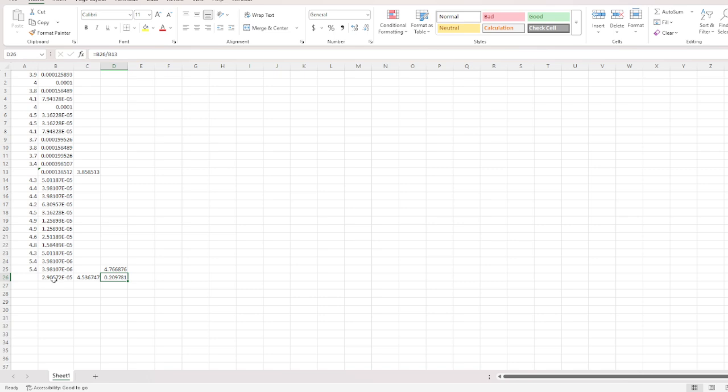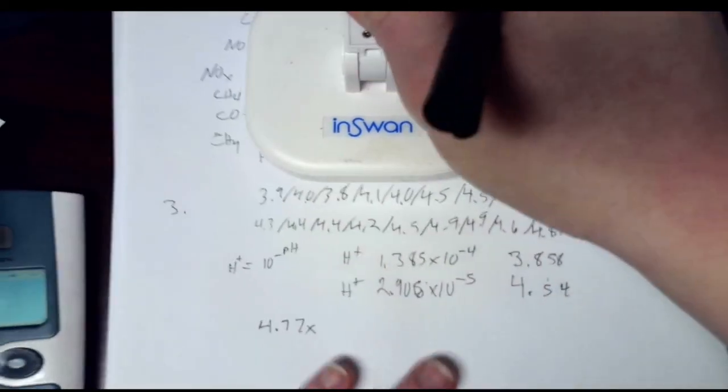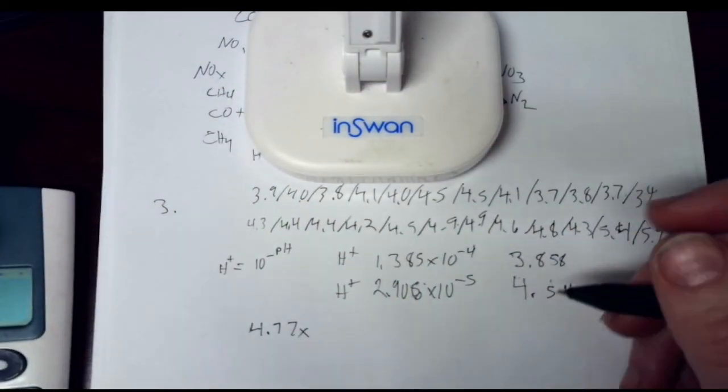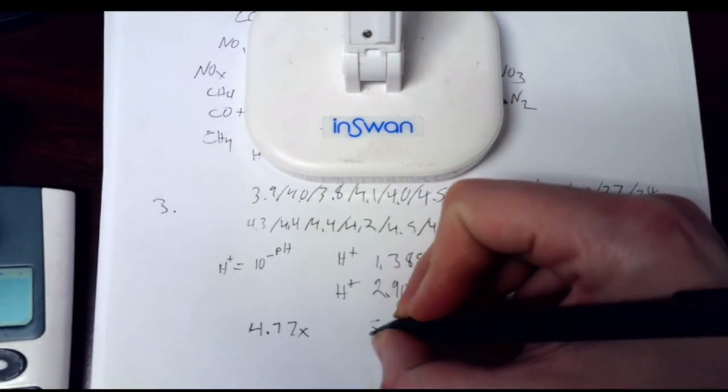Now, as far as what are the most likely anions responsible for this for the urban environment, we're not really looking at any one in particular, other than the obvious options. When we're looking at why this is 4.7 times more acidic, it's probably due to acid rain.